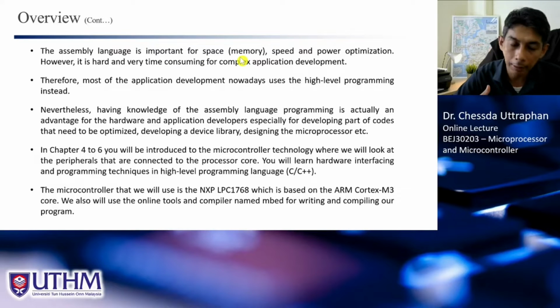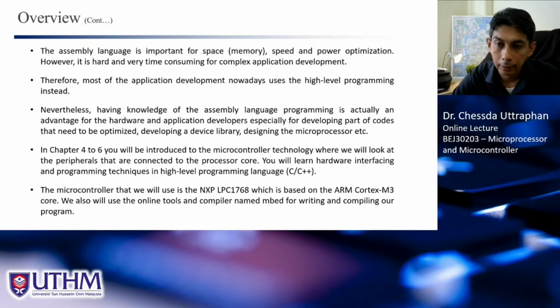Because assembly language is very compact, very small in size, and of course, when it is compact, the speed is very fast when you write the program in assembly language as compared to writing the program in a high level language. The speed of executing assembly language is very fast as compared to a high level language.